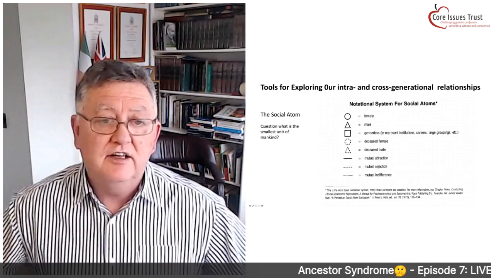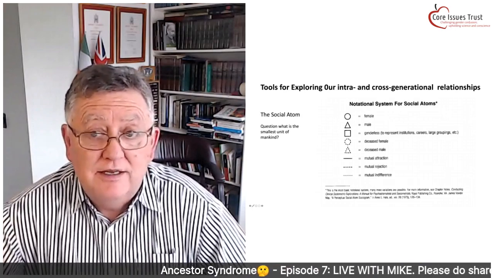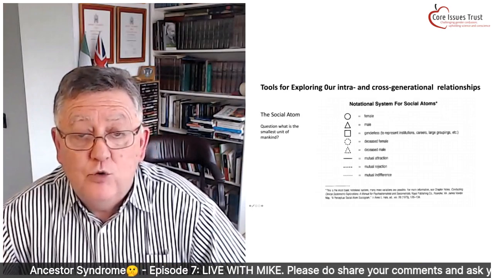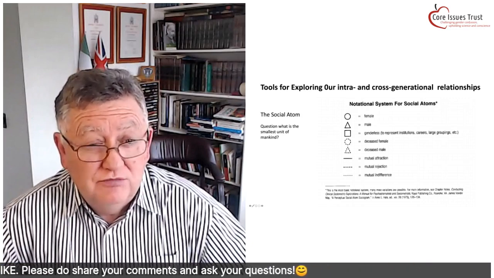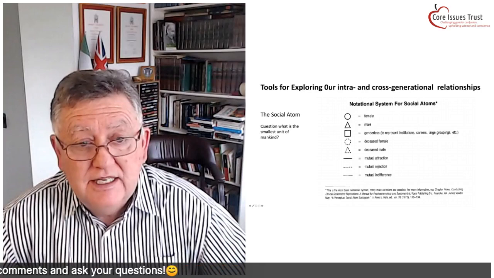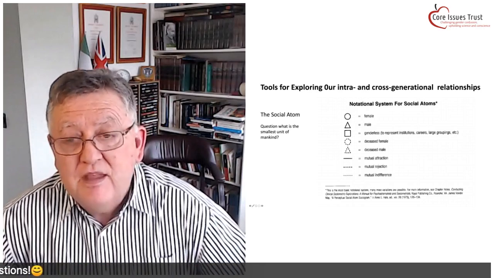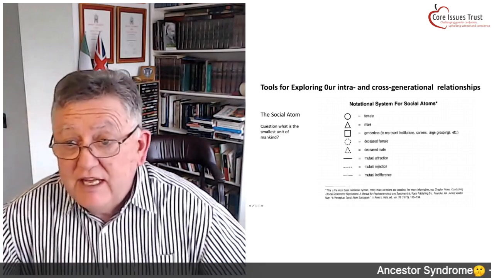You can start with a circle that represents a female. These are the kind of notational symbols that are used characteristically in an atom. There's a triangle for the male.